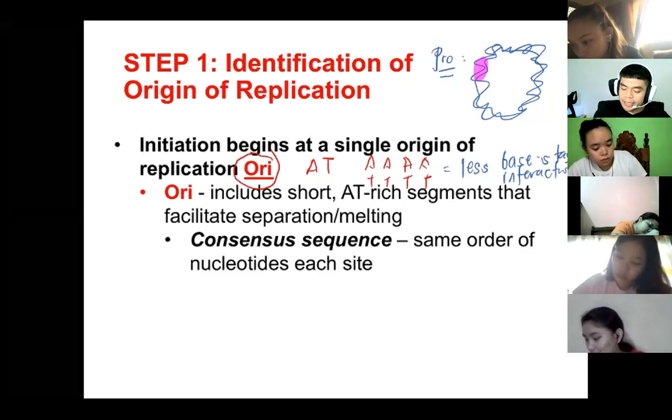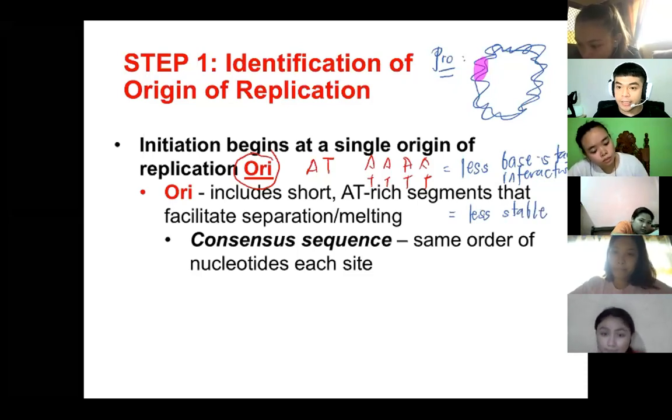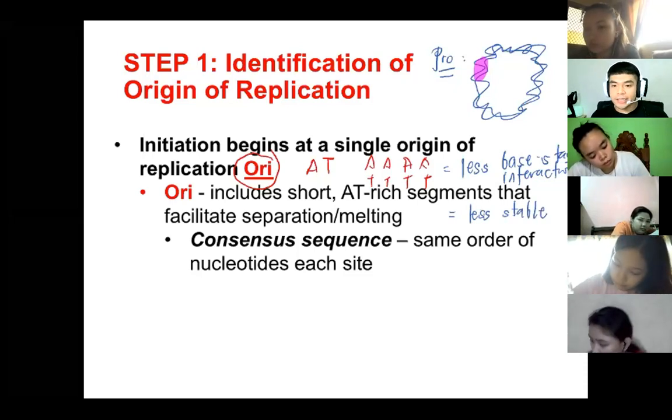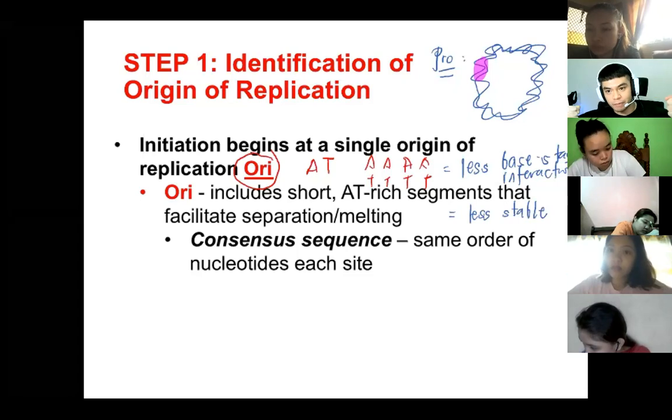And when there is less base stacking interaction, it is less stable. When we say less stable, it is easy to break. The bonds between adenine-thymine are easily broken, so the tendency is for it to open up.